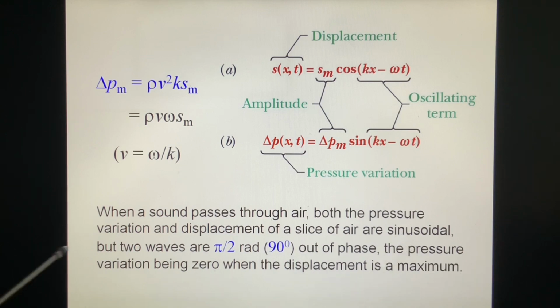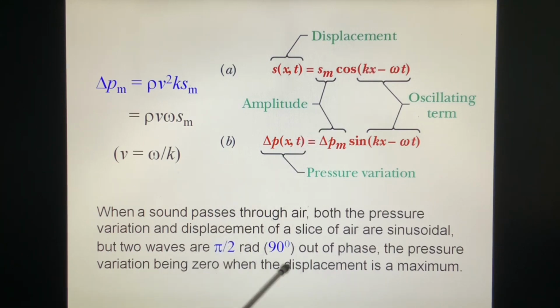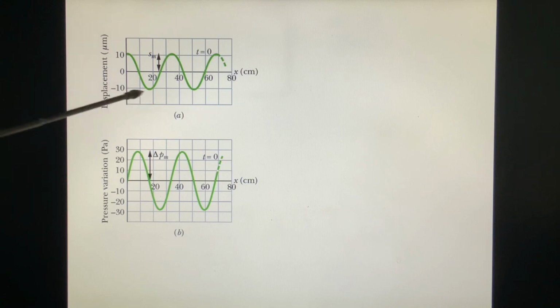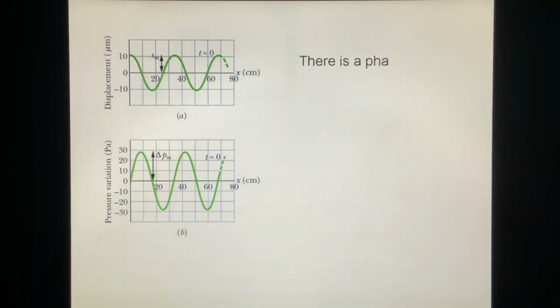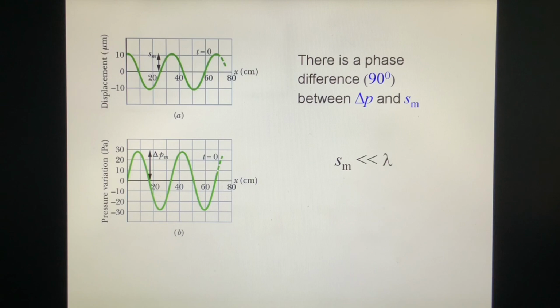The pressure variation is zero when the displacement is a maximum. This is the displacement, this is the pressure variation. They have a 90 degree difference. When this is maximum, you move 90 degrees. There is a phase difference of 90 degrees between delta P and S.